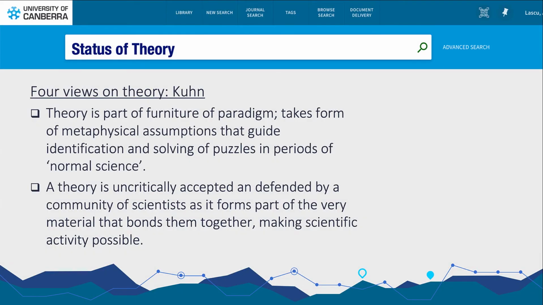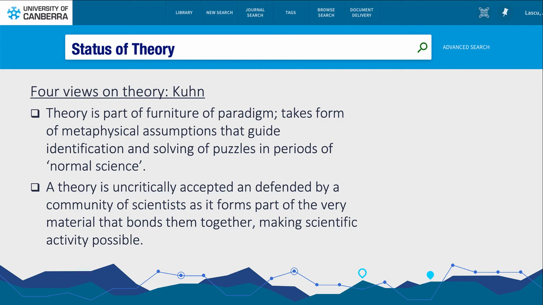As we go deeper into finding scientific evidence, we need to understand the status of theory, and there are 4 different views outlined in the book. We have Kuhn's perspective, which is that theory is part of the furniture of a paradigm. It takes the form of metaphysical assumptions that guide identification and solving of puzzles in periods of normal science.